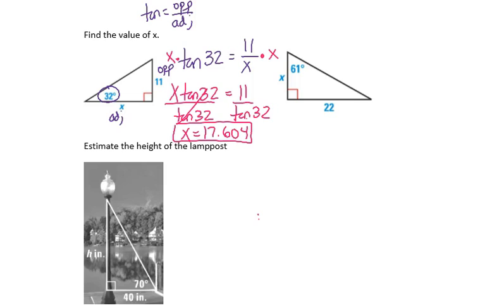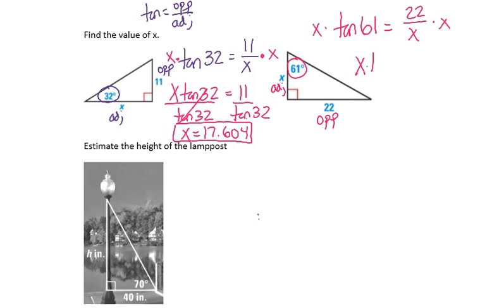Okay, let's try another one. This time I have an angle of 61. Opposite is the 22, and the adjacent side is x. So set it up the same way. Tangent of my angle, which is 61, equals opposite 22 over adjacent x. Multiply by x on both sides.